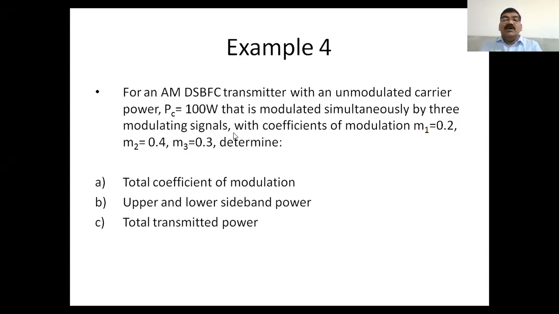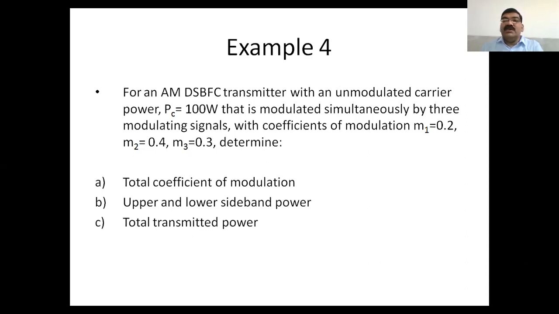Based on our previous discussion, multiple signals are there, and the coefficient of modulation is directly given. M1 equals 0.2, M2 equals 0.4, and M3 equals 0.3. So 3 modulating signals are given, and for them the modulation index is also given.